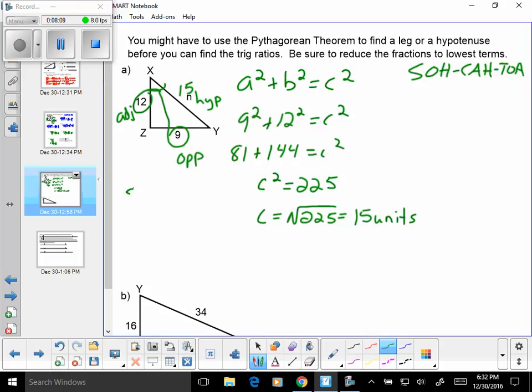So if I want the sine of x, I'm going to have to use the opposite, which is 9, over the hypotenuse, which is 15, and then reduce it to 3 over 5. To find the cosine of x, I'm going to take the adjacent, which is 12, over the hypotenuse, which is 15, and then I'm going to get 4 over 5.